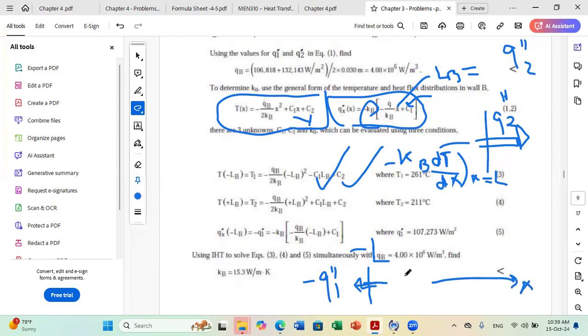So when you do minus K dt by dx, you evaluate your flux based on the positive direction to the right, while your Q second 1 is in the opposite way. This is why there is minus Q second 1. So if you use this condition or the other one, you'll get exactly the same result, and you can solve for your conductivity KB.